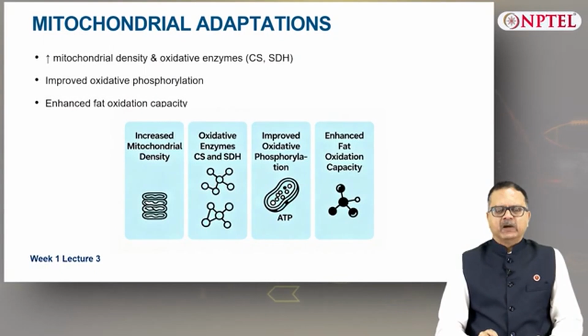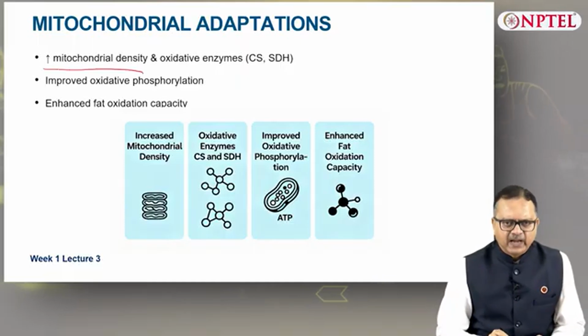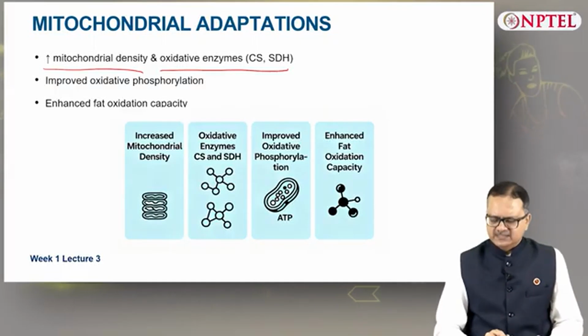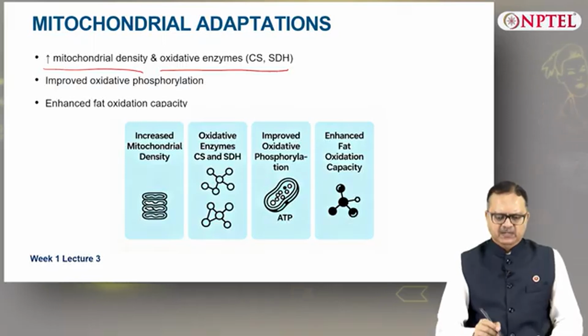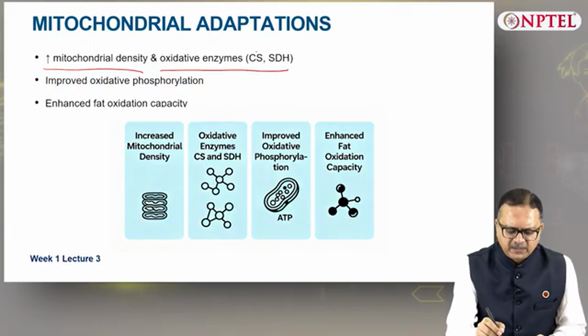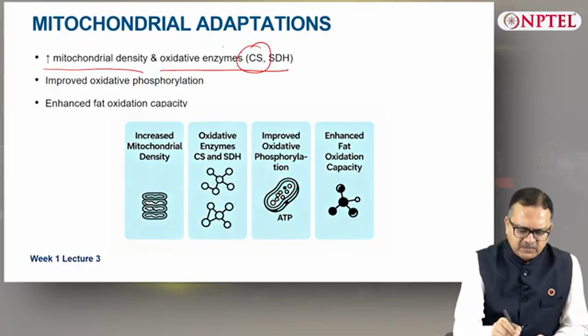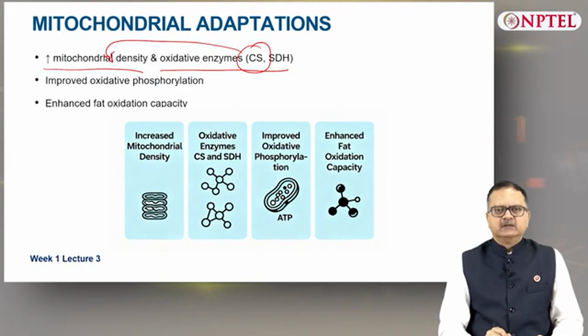Let's talk about the mitochondrial adaptations. So, there is increased mitochondrial density and increase in the number of the oxidative enzymes such as citrate synthetase and succinate dehydrogenase. Now, technically speaking, citrate synthetase is not an oxidative enzyme, but is a marker for increased mitochondrial density.